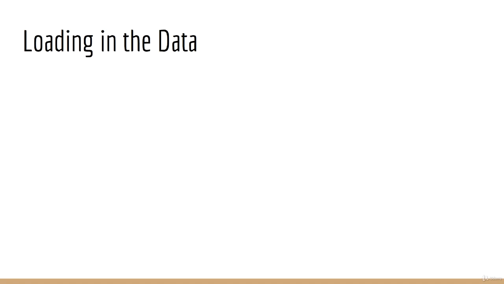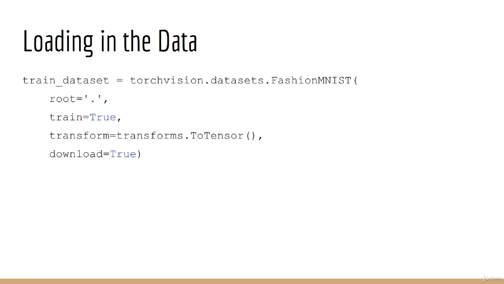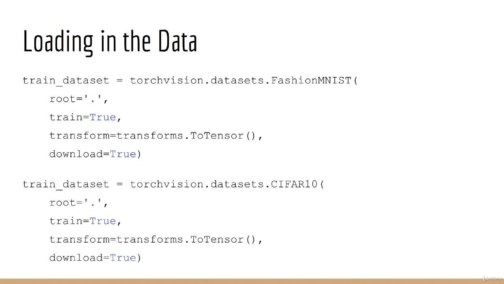So let's elaborate on step number 1, loading in the data. Luckily, both the datasets we'll be using for these examples are also included in Torchvision. It's generally going to follow the same pattern as before. You can even probably try to guess the function names, and you might be right. For Fashion MNIST, we load in the data by calling torchvision.datasets.FashionMNIST. For CIFAR10, we load in the data by calling torchvision.datasets.CIFAR10.